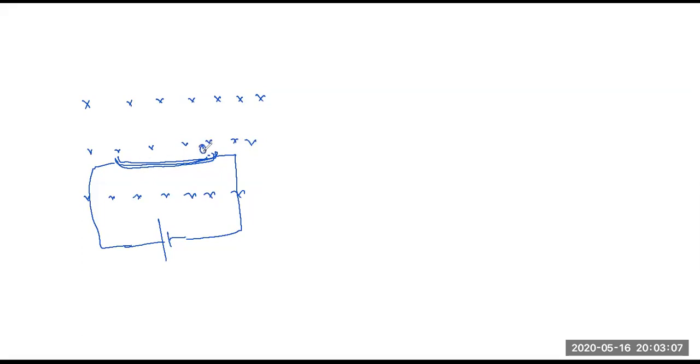And there is a human. Of course, there is an insulator in between.